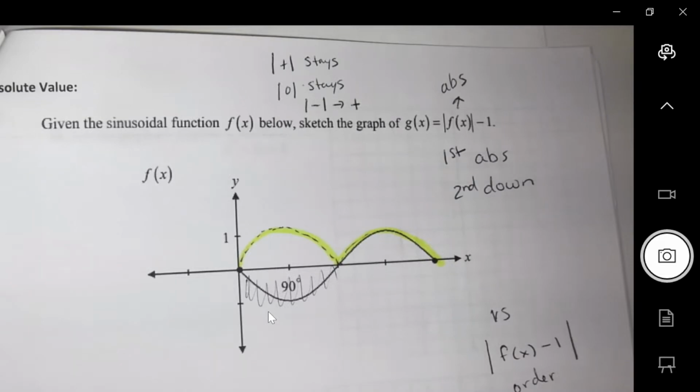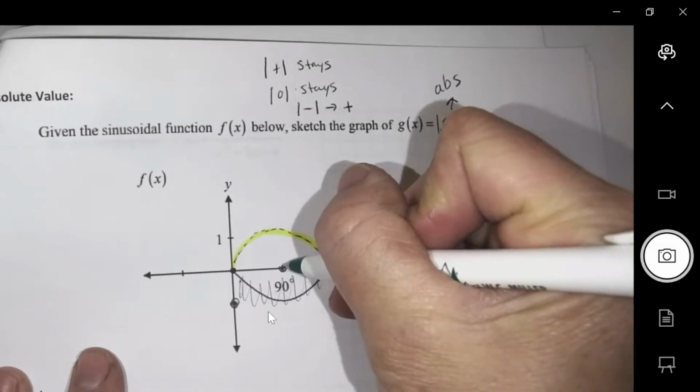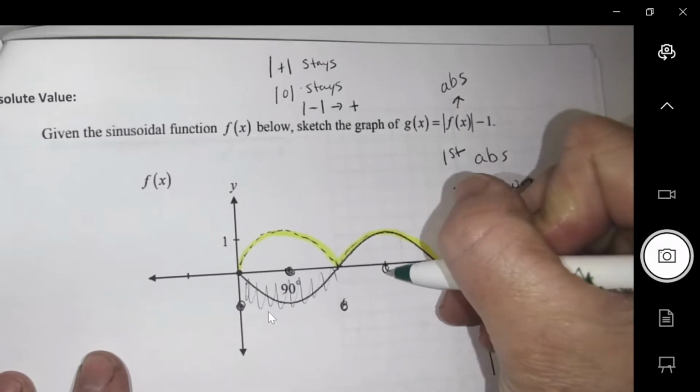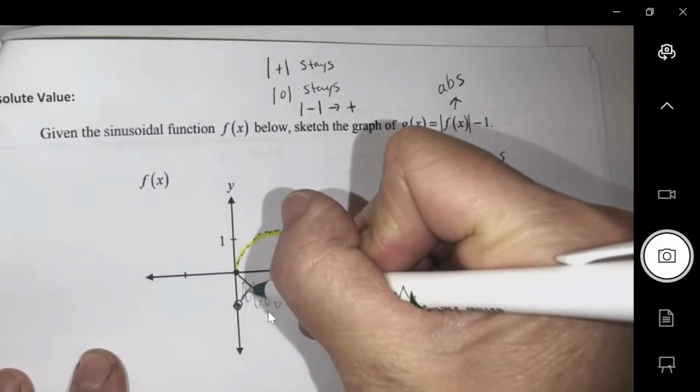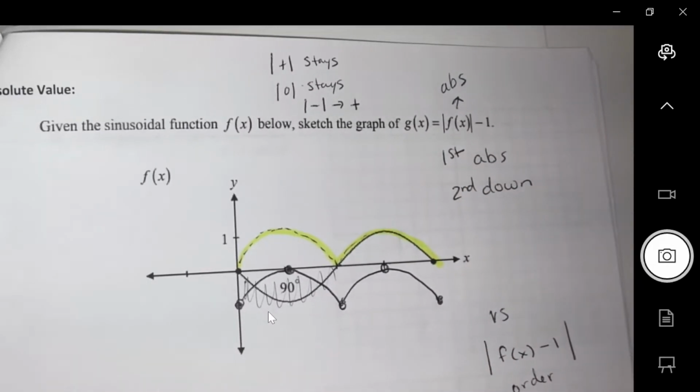Okay, so that's the absolute. Now I'm going to take that and I'm going to shift it all down. So here's all my points shifted down. And that's my final answer.